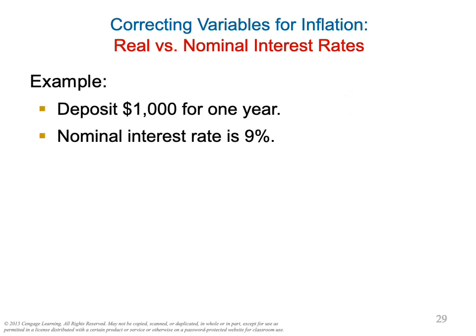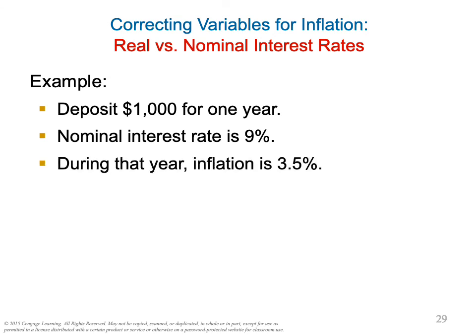All right, so let's look at an example. Suppose that you deposit $1,000 for 1 year, and in return for your deposit, you get a nominal interest rate of 9%. And during that year, inflation is 3.5%.